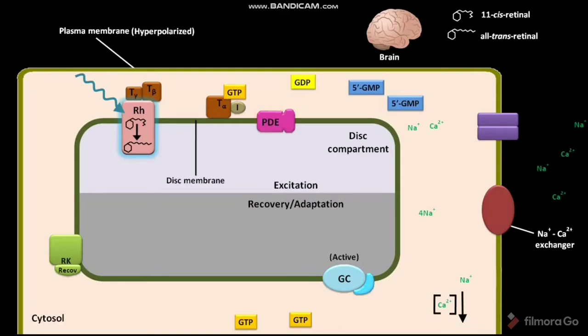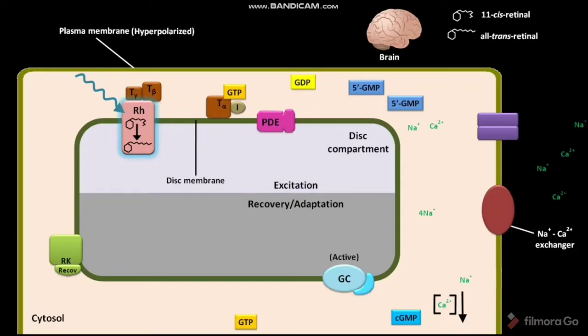The cytosolic GTP then binds to the active GC. The active GC then catalyzes a biochemical reaction in which the bound GTP is converted into cGMP. The cGMP then dissociates from the active GC.